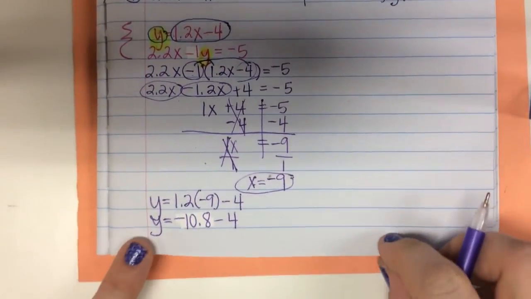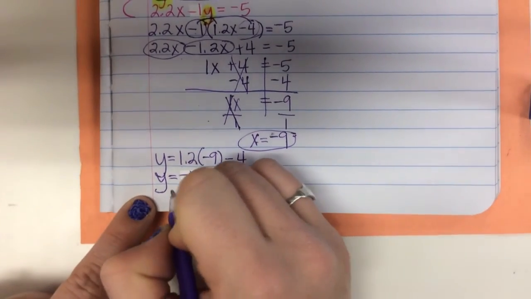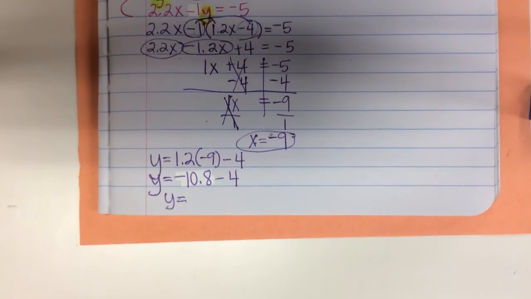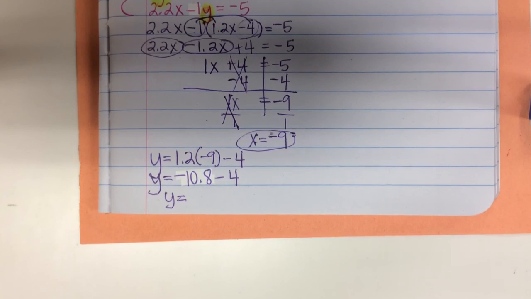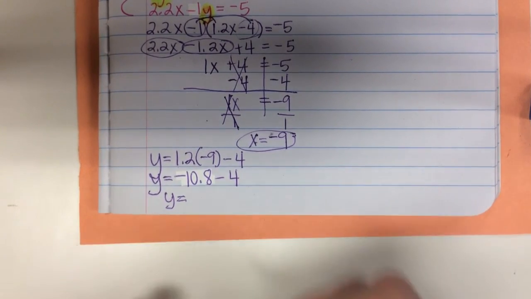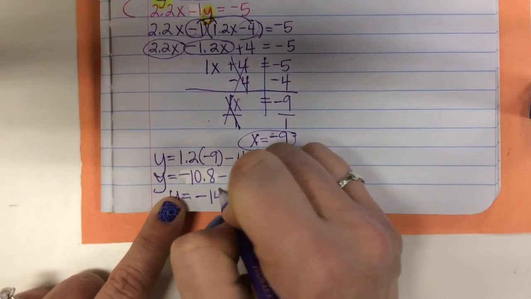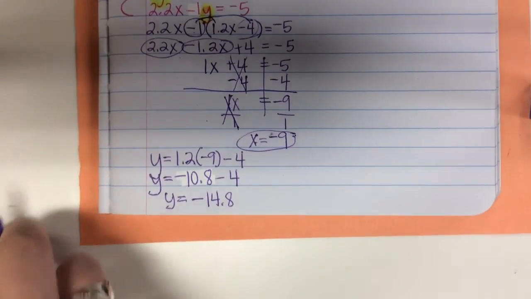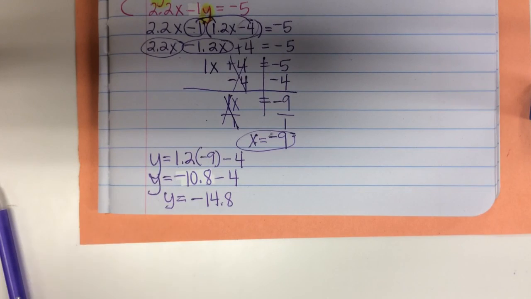Minus 4. So what does y equal? -14.8. My final step is the ordered pair.